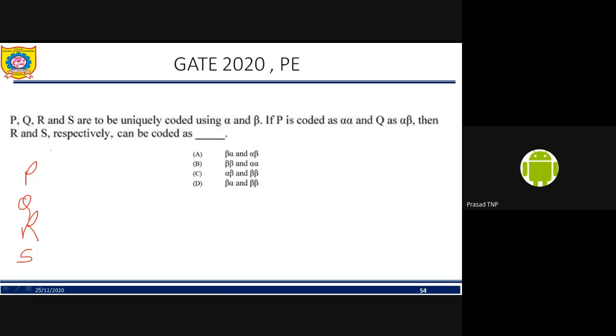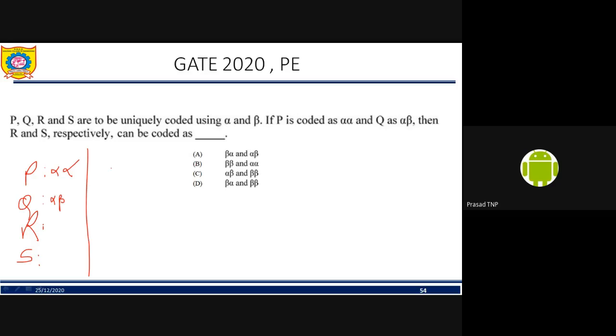This is logic, actually. Here the coding for P and Q is given. The coding for P is alpha alpha, and the coding for Q is alpha beta. Then what is the code for R and S? Actually, somewhere in basic subjects we studied this logic.